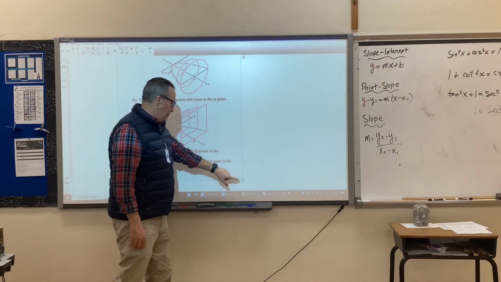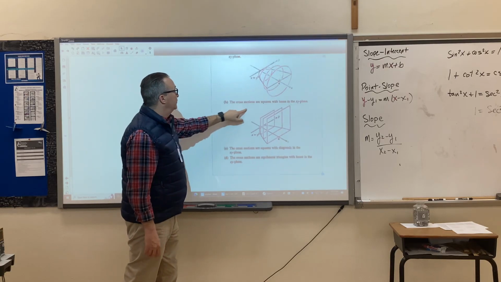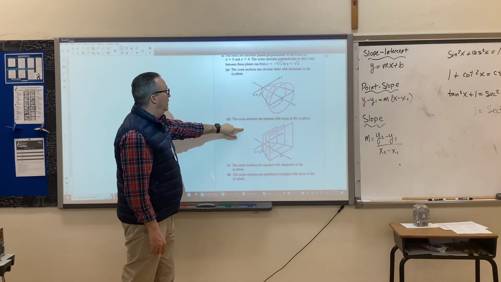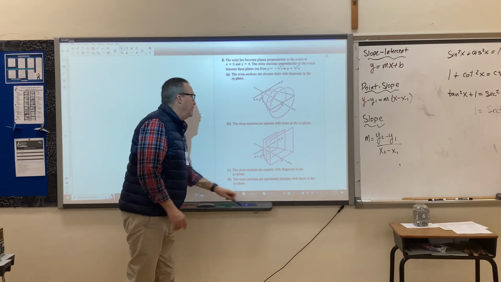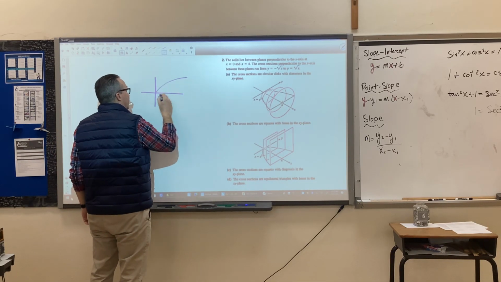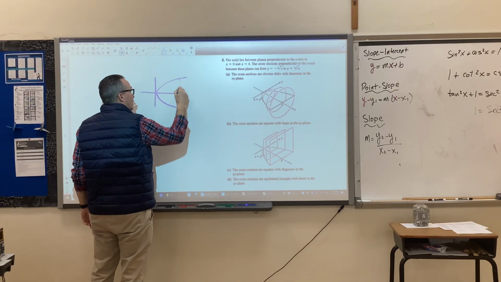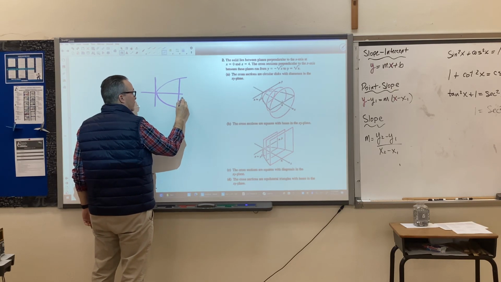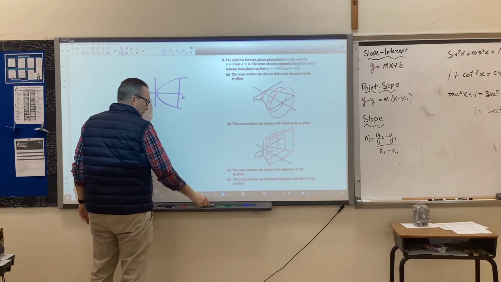So we're going to look at B now. We're using the same rectangles perpendicular from 0 to 4.